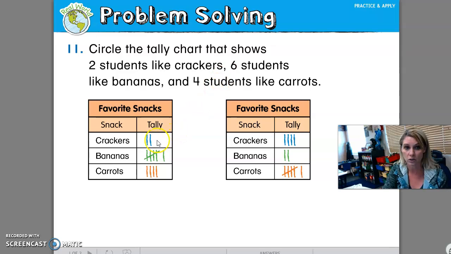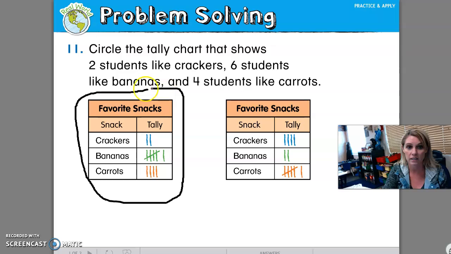Oh, right here it shows 2 students that like crackers. Let's check the next thing. 6 students like bananas. That is correct. 4 students like carrots. That is also correct. So, I am going to circle the correct tally chart.